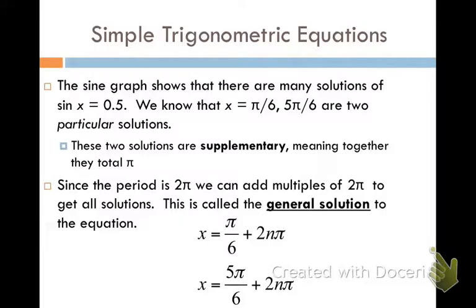So, after pi over 6 and 5 pi over 6, every multiple of 2 pi after that is also a solution. So we take pi over 6 and add on multiples of 2 pi, like 2 pi, 4 pi, 6 pi, 8 pi. You could also subtract. And we're going to add in multiples of 2 pi to 5 pi over 6. The 2 pi comes from the fact that it's the period for the sine graph.